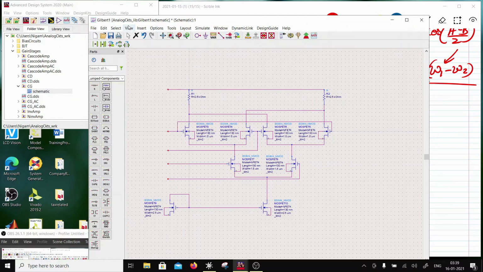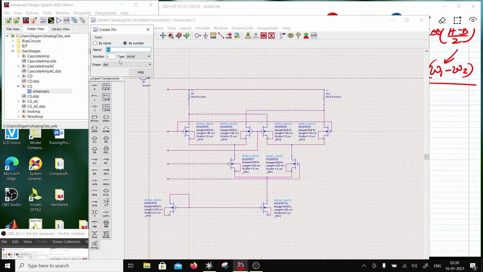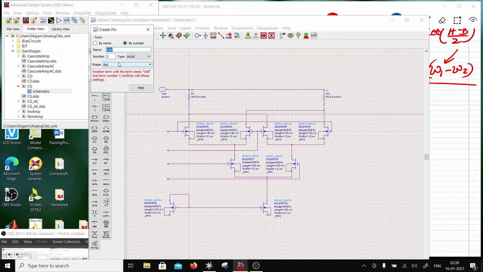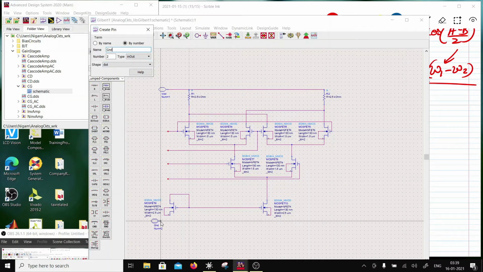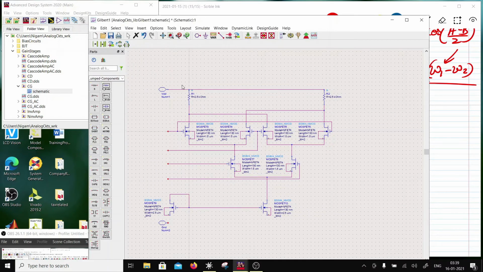Like this. So let's put the pins, right? And the pins are going to be, this is VDD, this one is ground, so there is a ground pin over here, right? So this is connected to the ground, correct?